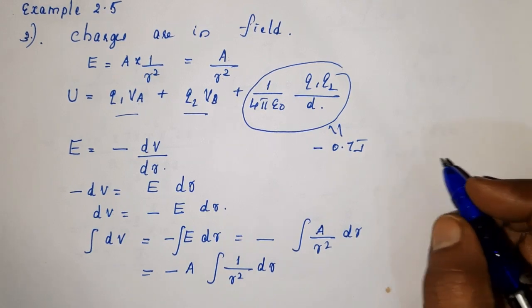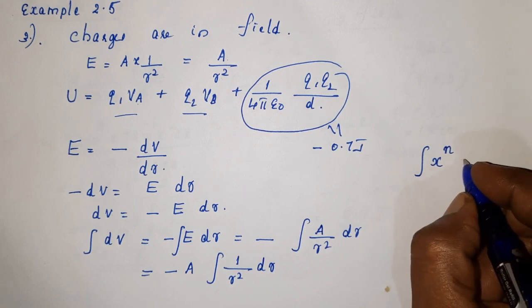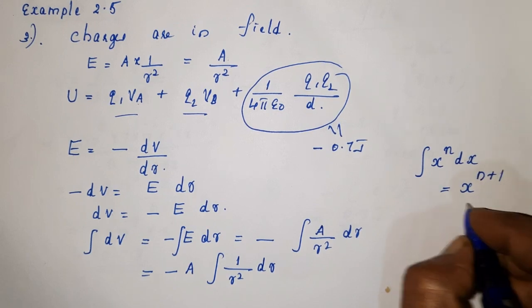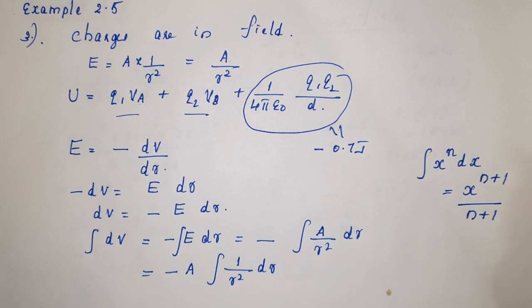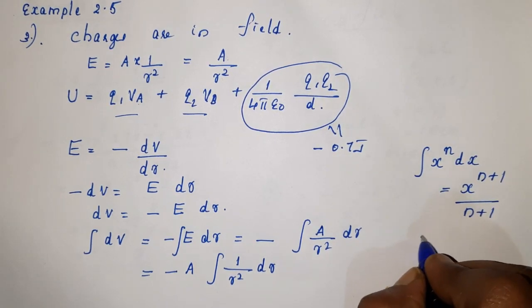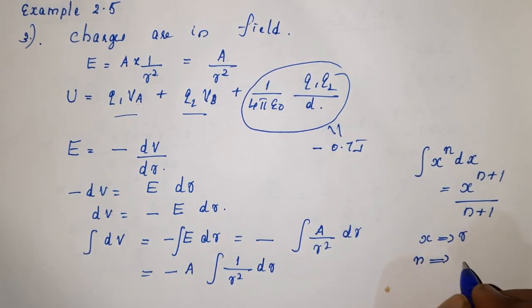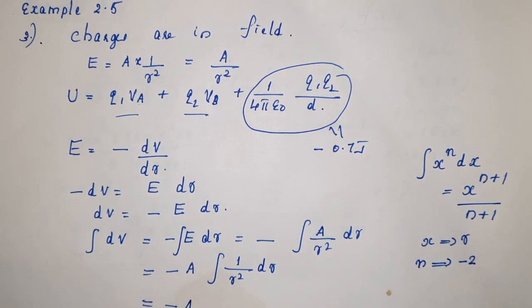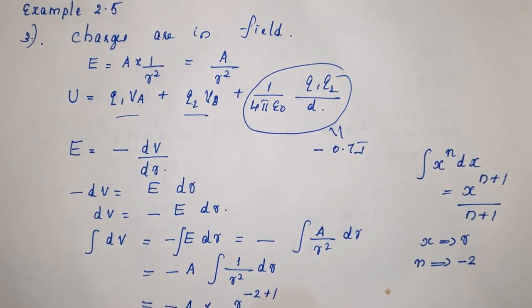Now what is integral 1 by r square? Here you have to use that identity, integral x raised to n dx is equal to x raised to n plus 1 by n plus 1. We have discussed it last year. So here in the place of x you have r, and in the place of n you have minus 2. So what will be our result? Minus A into r raised to minus 2 plus 1 divided by minus 2 plus 1.